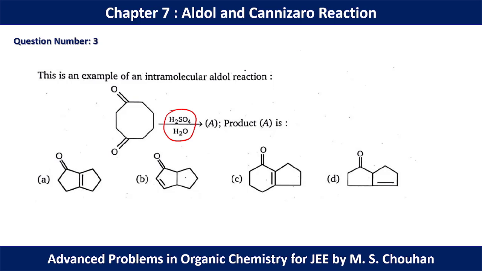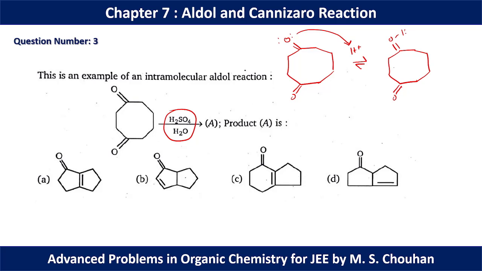So in this case the reaction intermediate is going to be an enol. So initially in acidic medium this lone pair will approach this hydrogen and we are going to form an intermediate like this.